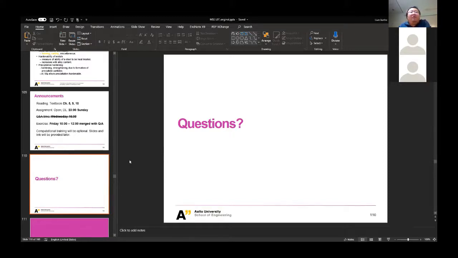By the way, we need to do a little modification to our assignment 4, because there's one question related to chapter 11 of the textbook, and we will simply remove that.